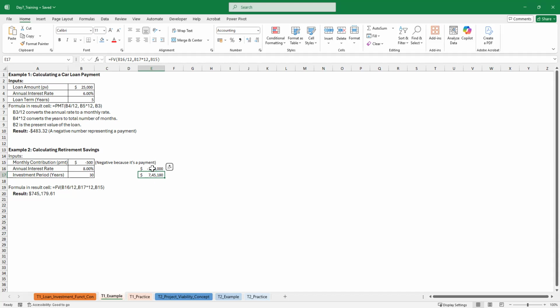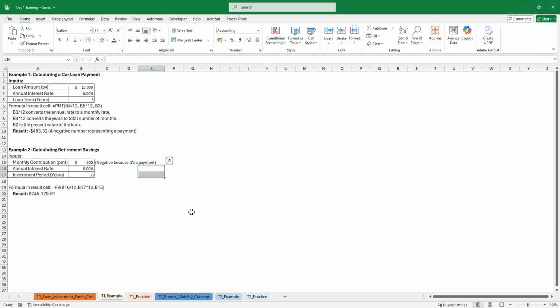So this is the amount that you would be investing, and this is the return that you will be getting. The period is 30 years, so of course the returns are more, almost four times the investment.